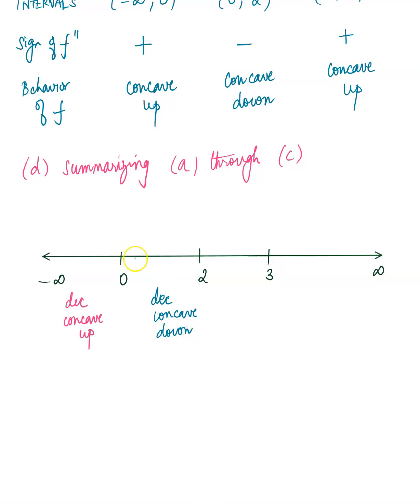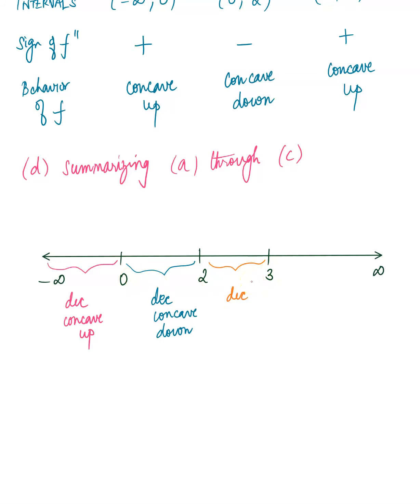Because I'm color coding them, I'll just do that so that the interval is indicated indirectly there. And 2 to 3, we just saw that that will be decreasing again because it was decreasing from 0 to 3.